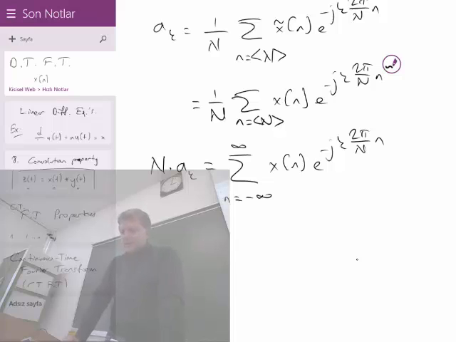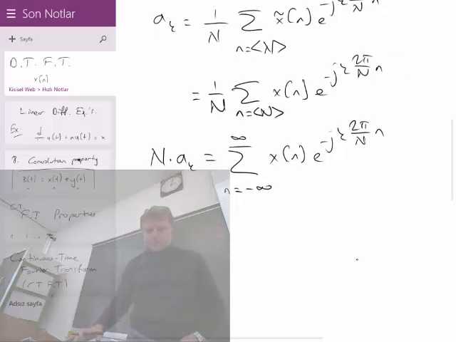If I write it like this, will it be the same formula? The answer is yes, because although the original summation was from minus N over 2 to plus N over 2, since x of n is all zeros afterwards, I can easily write it from minus infinity to infinity, and it doesn't change anything because this x of n is valid only from minus N over 2 to N over 2 anyway, right? It's over there. So they correspond to the same formula. The top one, the second line and the last line, they correspond to the same formulas.